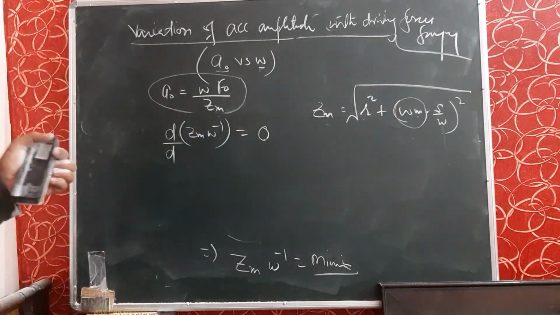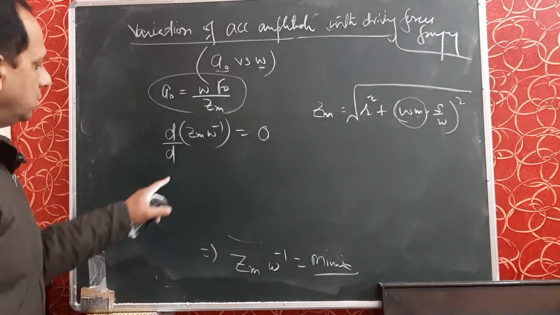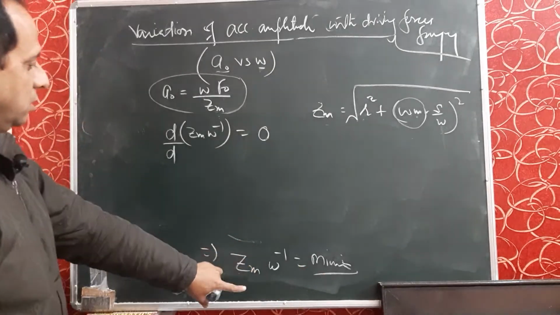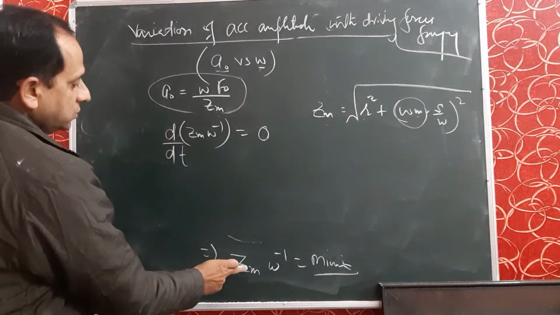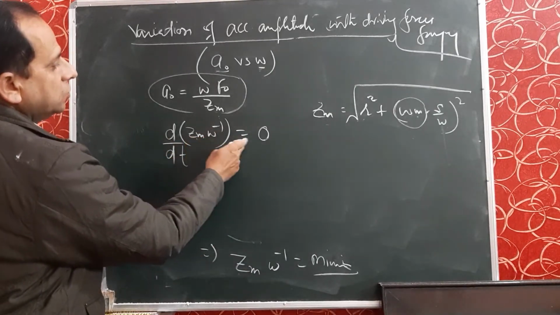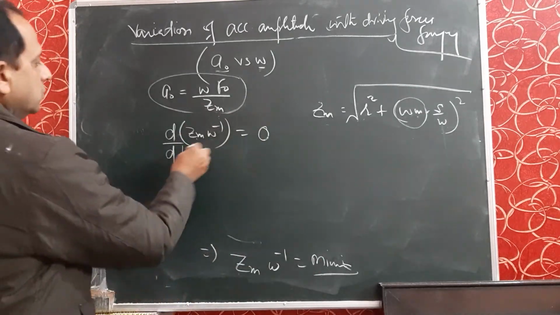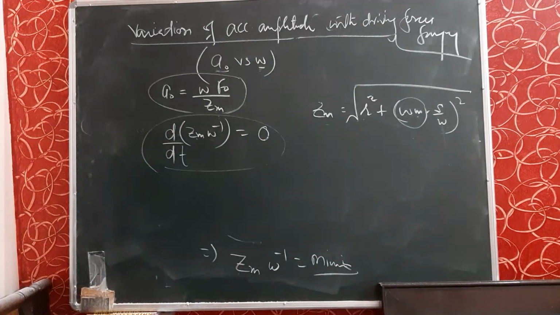Maxima and minima are taken as constant in derivative form, so I have taken the derivative on both sides. Taking the derivative on the left side, it becomes d/dω of Zm into omega inverse is equal to the derivative of minimum, which means 0. So this is the main condition from where we can calculate the value of omega or frequency.